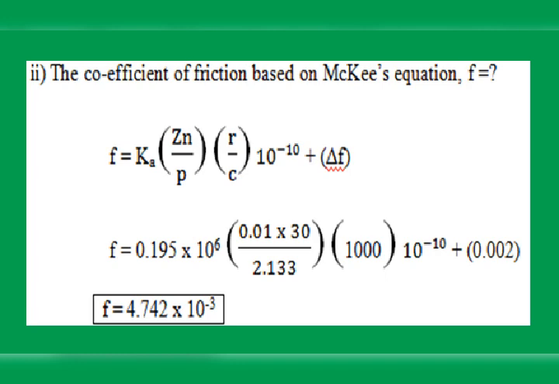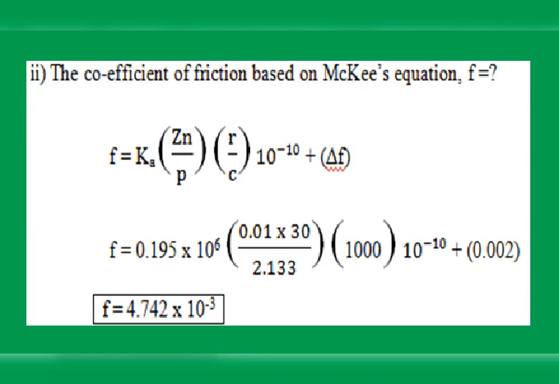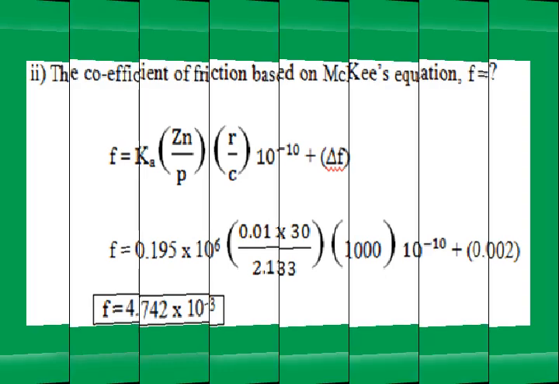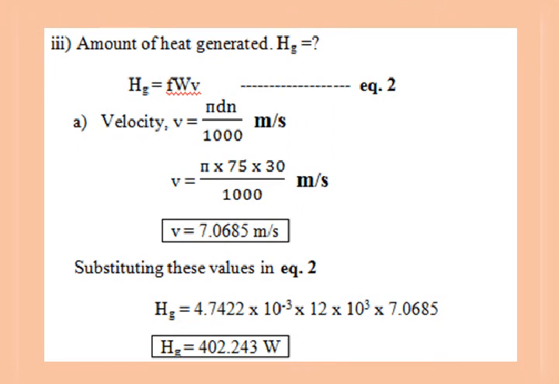As per this, the equation is F is equal to K suffix A Zn by P R by C into 10 raised to minus 10 plus delta F. And here the value of Ka we already considered, that is 0.195 into 10 raised to 6, and value of Z is equal to 0.01, N is equal to 30 RPS, P is equal to 2.133, and R by C is 1000 into 10 raised to minus 10 plus delta F, that is 0.002. After solving this, we will get the coefficient of friction F is equal to 4.742 into 10 raised to minus 3. This is all about the second unknown.